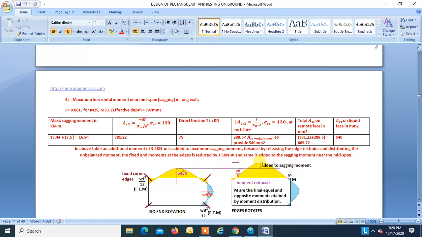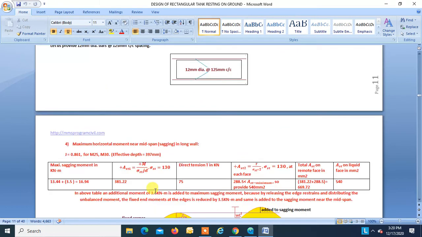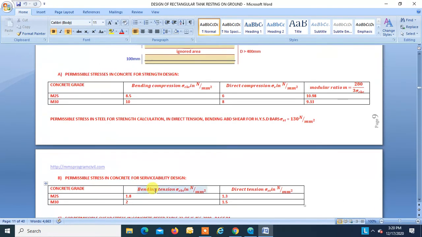Simple. Whatever moment was reduced, that reduced moment we are adding to the sagging moment. The moment which was reduced was roughly 3.5 kilonewton meter, and I am adding that over here. Let me show you in the table, that will make it clearer.